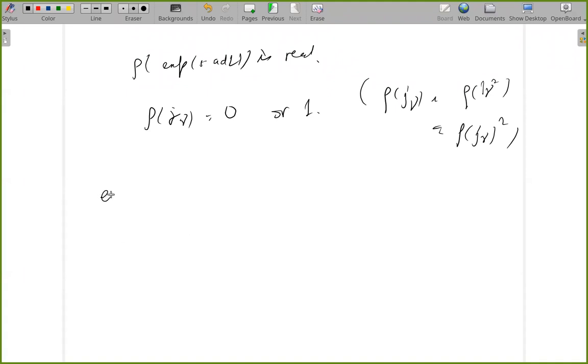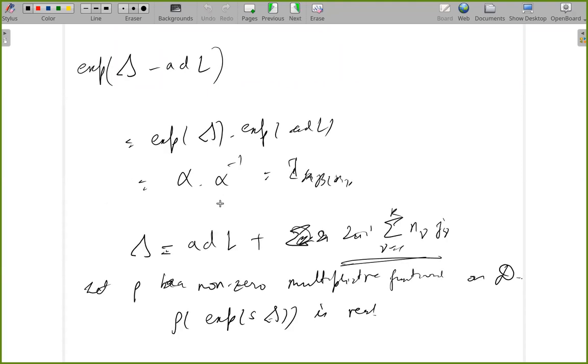Now note that exp of S lambda. This actually needs a little bit of computation. So lambda is given to be this, right? Right here, you have this expression. I'm just exponentiating it. I'm multiplying by S and exponentiating.